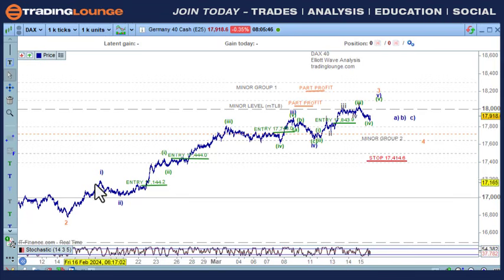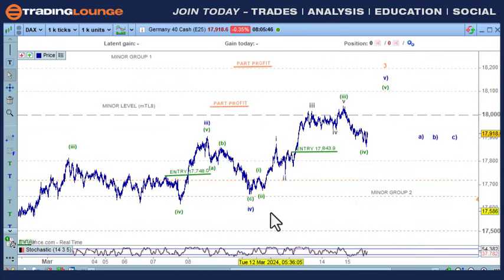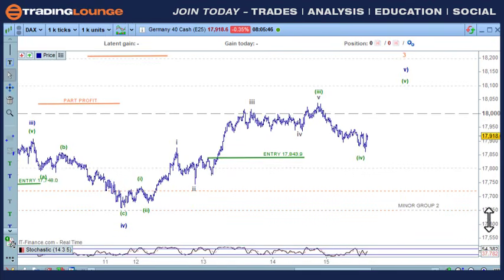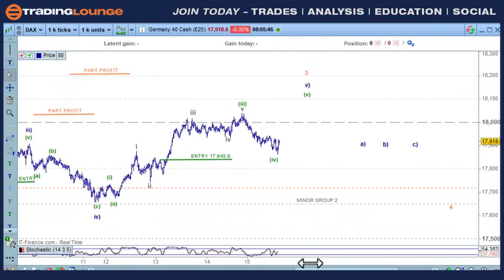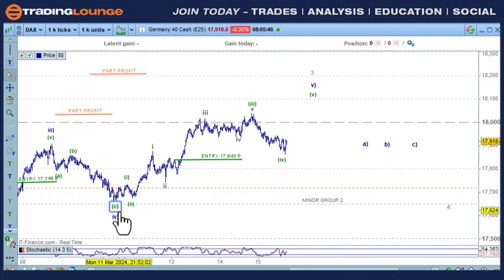So within that, we've got 1 and 2 here, then we've got 1, 2, 3, 4, 5 for the third wave, the fourth wave in blue here, and we're going up for the fifth wave here. So it might be possible that we've got this in here already. I was just looking at this. I could probably squeeze this as 1, 2, 3, 4, and 5 in here and put this here, but then 1, 2, 3. We could have a top in play here. That's my sort of fear at this point.